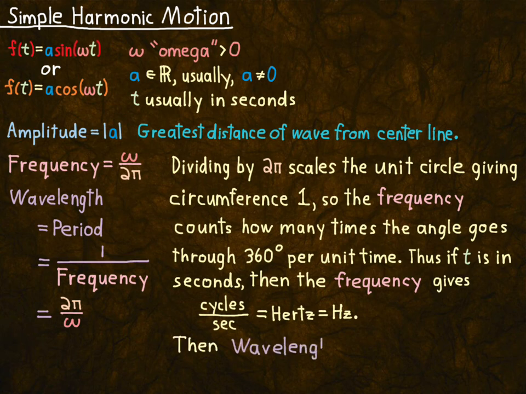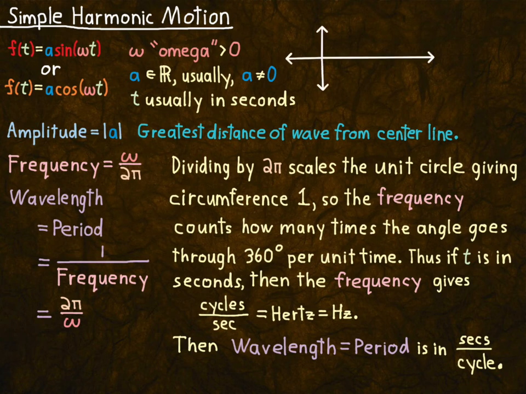Then the wavelength, or the period, has units of actually seconds per cycle, which is kind of interesting. You'd think it should be in something like meters, right? But that's the way it works out.